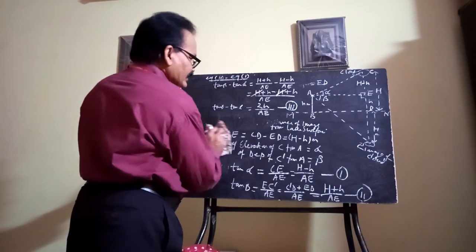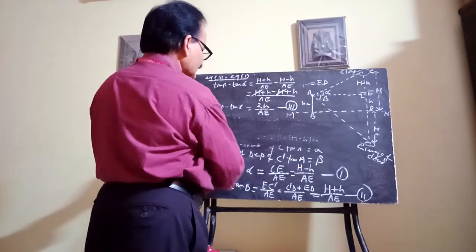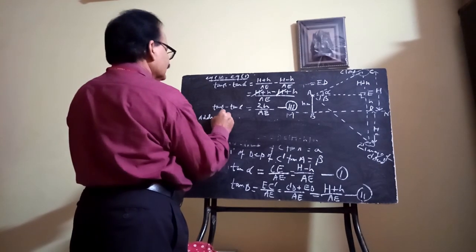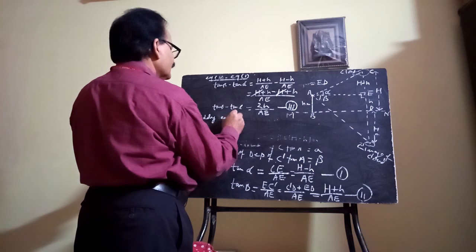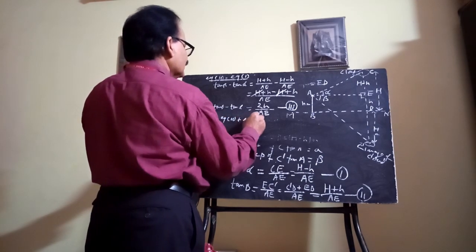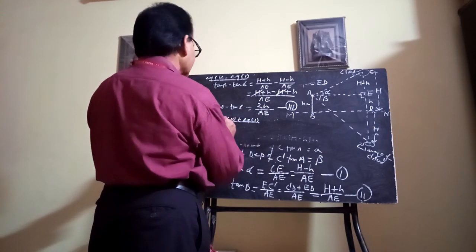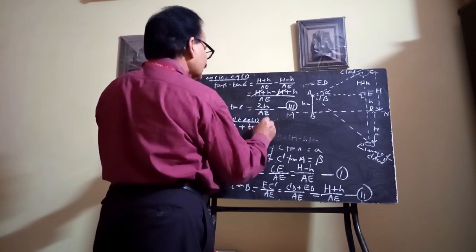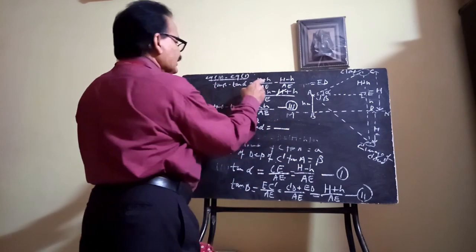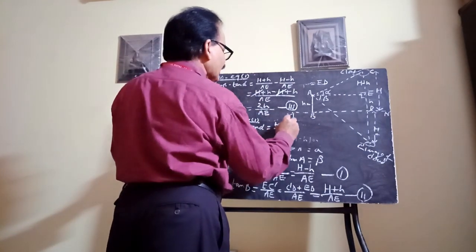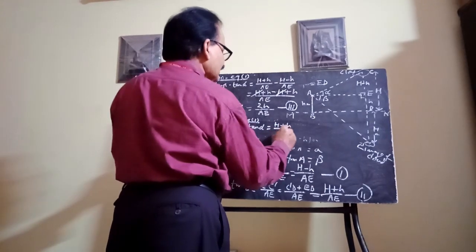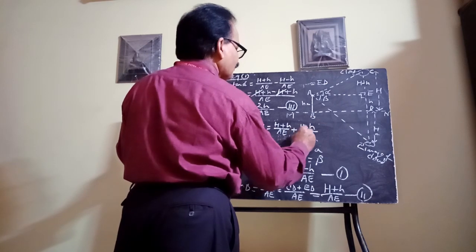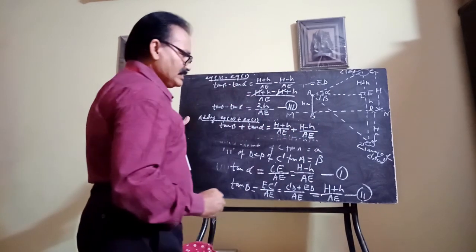So on adding, tan beta plus tan alpha will be equal to capital H plus small h by AE, plus capital H minus small h by AE. Clear?